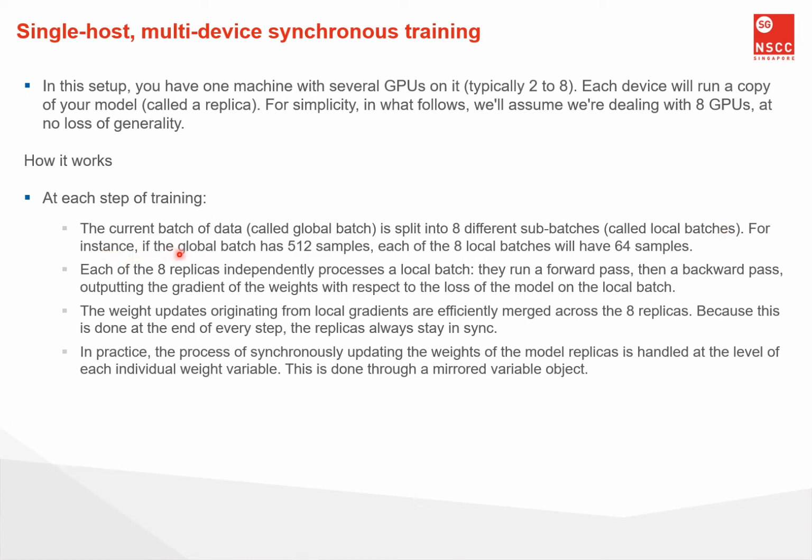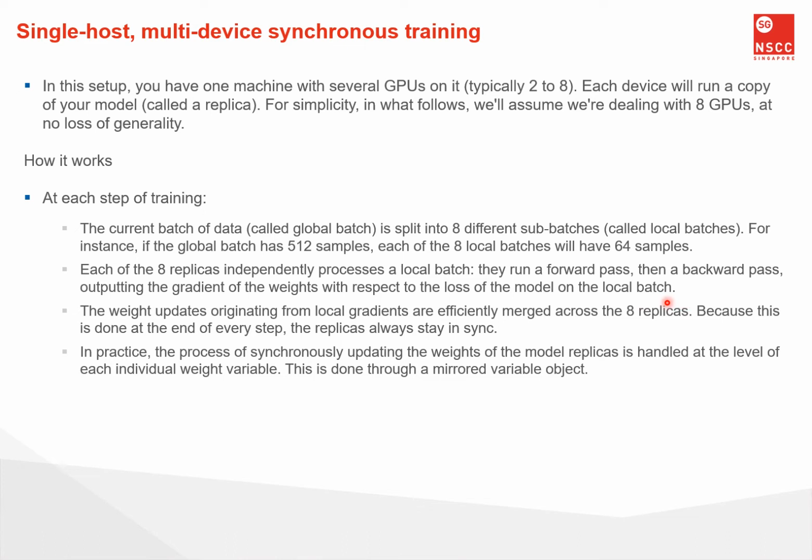Each of the 8 replicas will independently process each local batch. So one local batch is assigned to each of the 8 replicas. They run the forward pass and then the backward pass and output the gradient of the weights with respect to the loss of the model on the local batch. The weight updates originating from the local gradients are effectively merged across the 8 replicas.